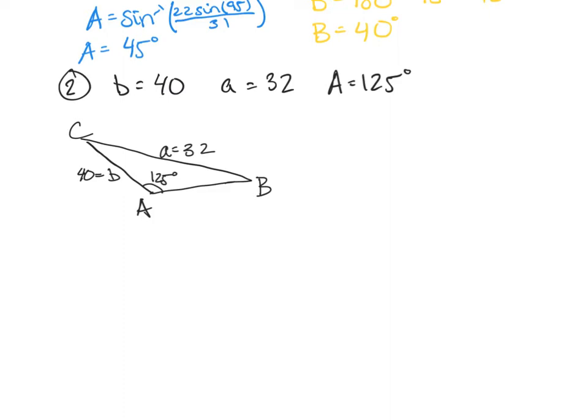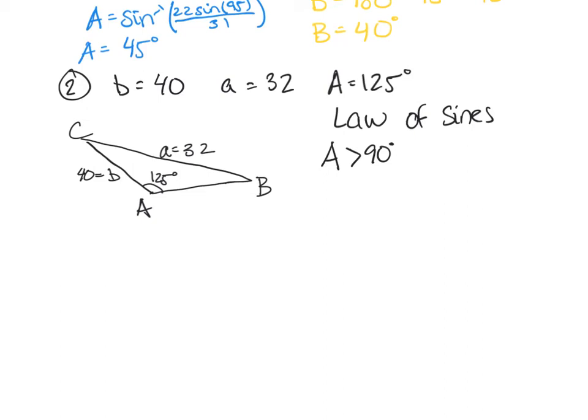Okay, first thing I look at, I notice that this is an example of side-side angle, which means I will be using my law of sines. Now, side-side angle is my ambiguous case. So here's where I'm going to have to check to see how many solutions there are. Well, my angle A is greater than 90 degrees, so I'm going to look there first.